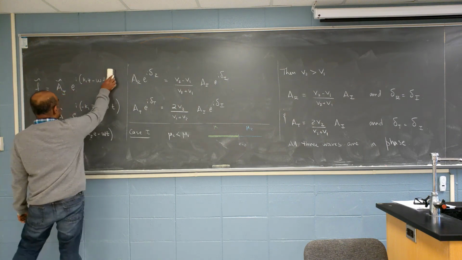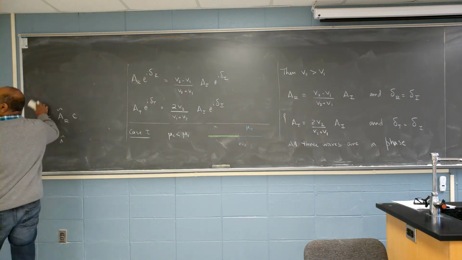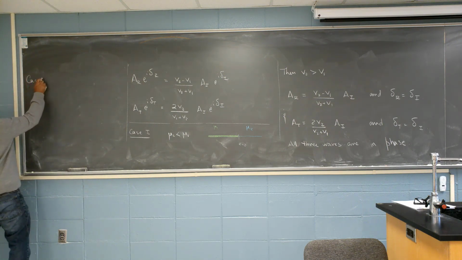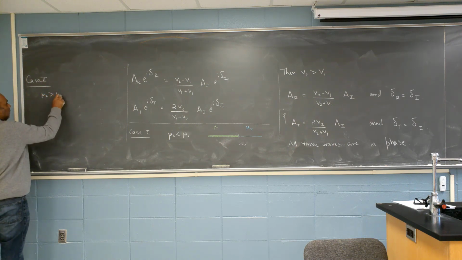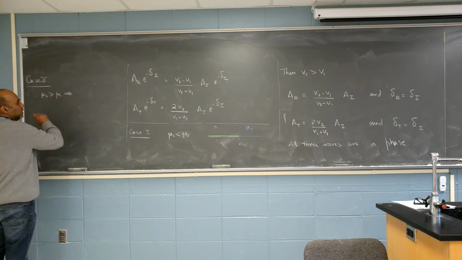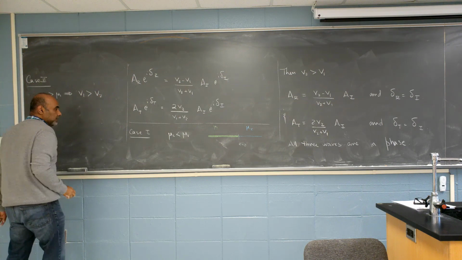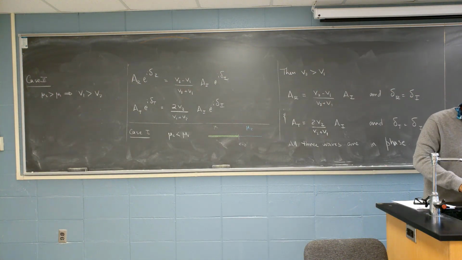You'll find that this is not quite the case. Case 2. Obviously, mu2 is greater than mu1, which implies V1 is greater than V2. The diagram has changed.